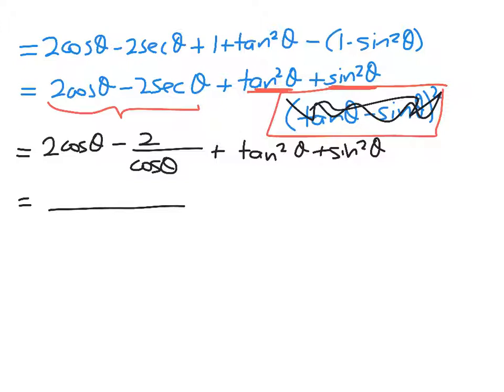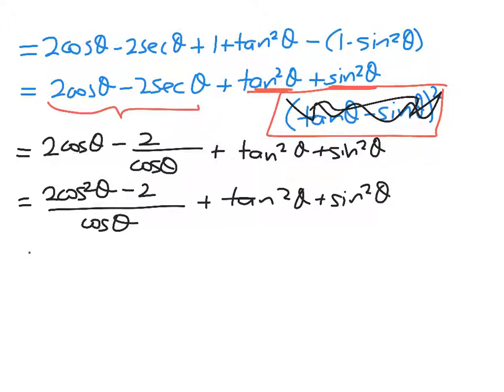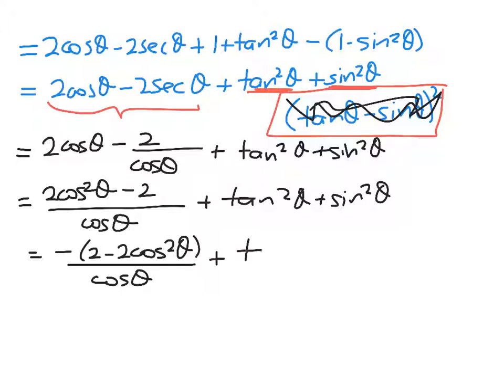Now here, what have we got? Well, we've got (2 cos squared theta minus 2) over cos theta plus tan squared theta plus sine squared theta. So this is equal to, we want to have a minus in there, so we're going to have minus 2 times (1 minus cos squared theta) over cos theta plus tan squared theta plus sine squared theta, which is equal to negative 2, and 1 minus cos squared theta is sine squared theta.